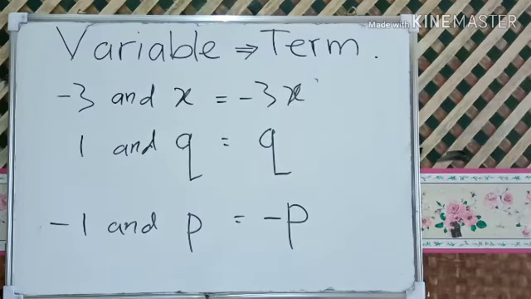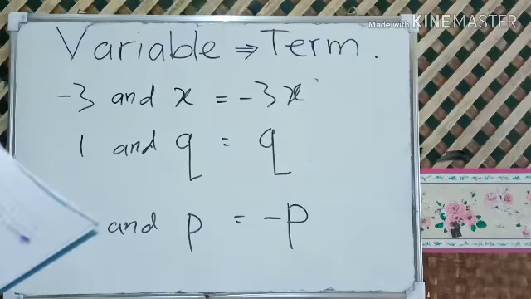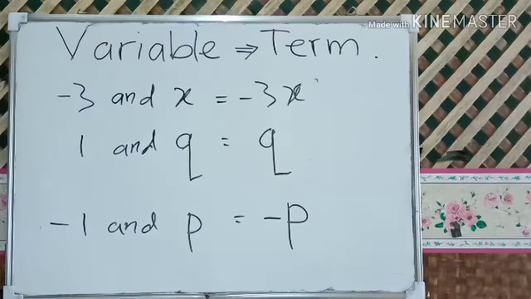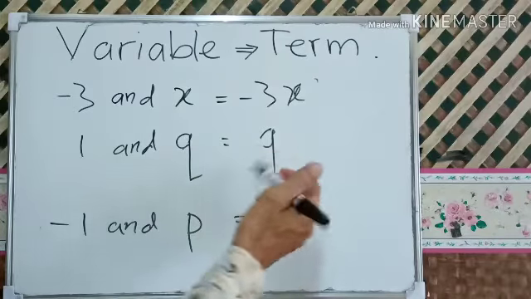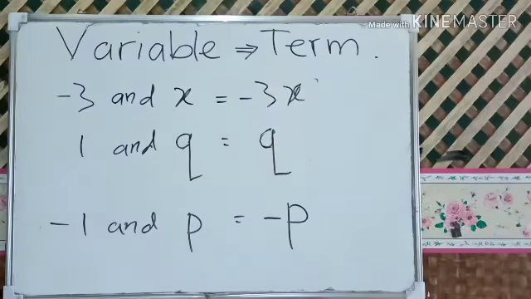Look at this example. If you do not find any number here, this means the number is 1. If you cannot see any integer here, only the sign of negative, it means -1.